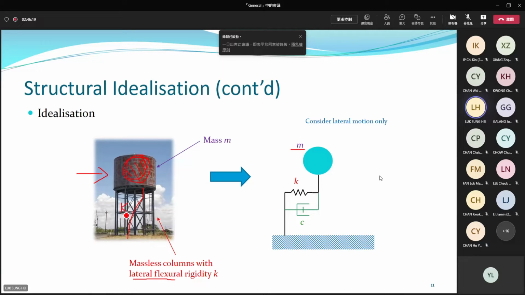Maybe you can use a stiffness constant K. If we have many columns, you find the contribution of each column and add them all together. Then you can find the total stiffness provided by the columns. Symbolically, stiffness is just like a spring, so we use a spring to denote the stiffness component.